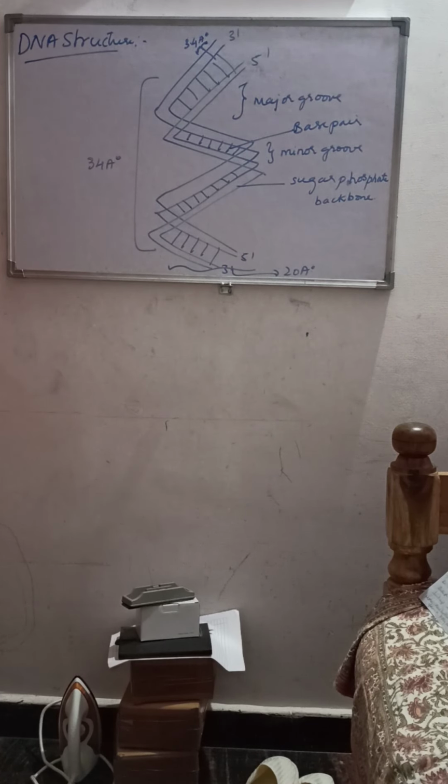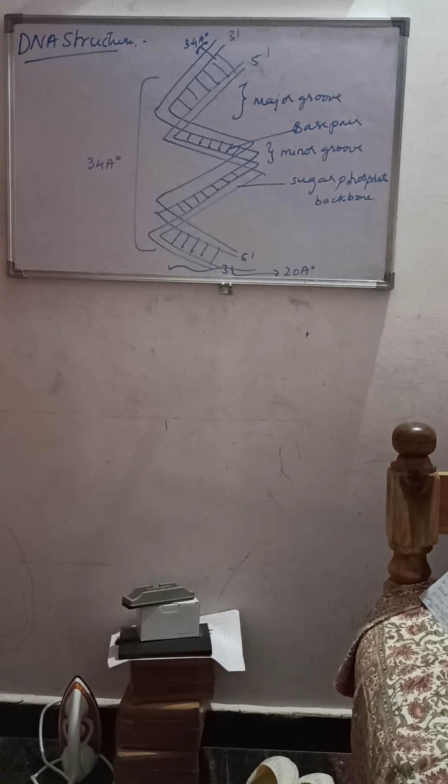Rosalind Franklin and Wilkins analyzed the DNA using the X-ray crystallography technique, and indicated the possible helical structure.